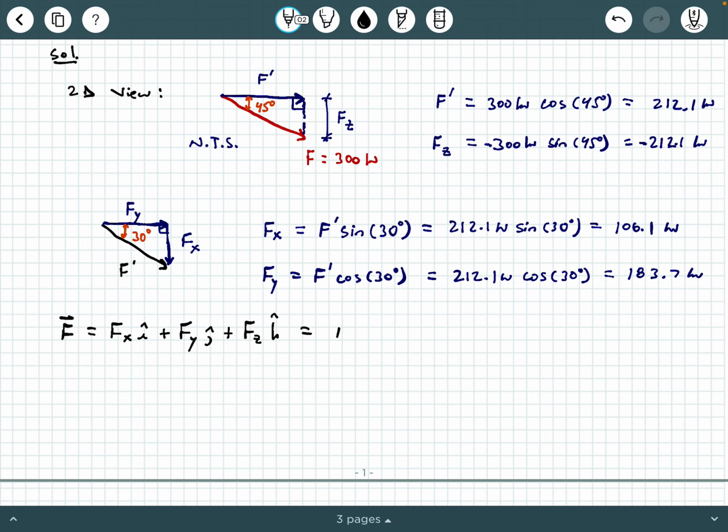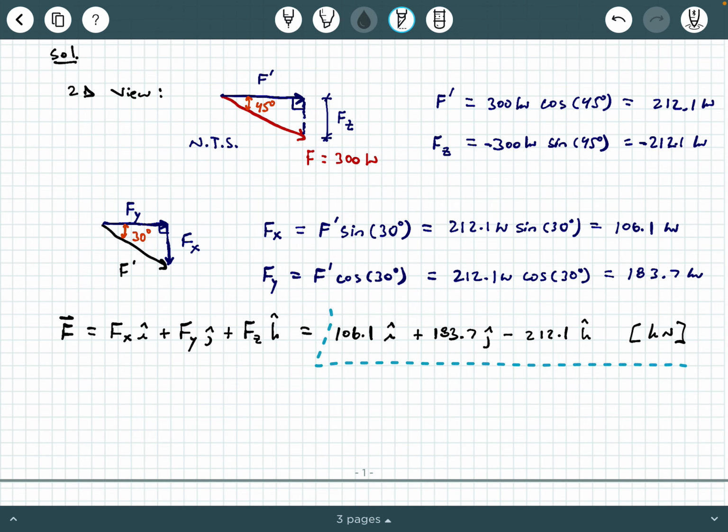So I get 106.1 i, and then plus 183.7 j, and then minus 212.1 k. And then we can bundle up our units off to the side in brackets as kilonewtons, or you can write those kilonewtons next to each of the individual values. Okay, so this right here is pretty much our answer.